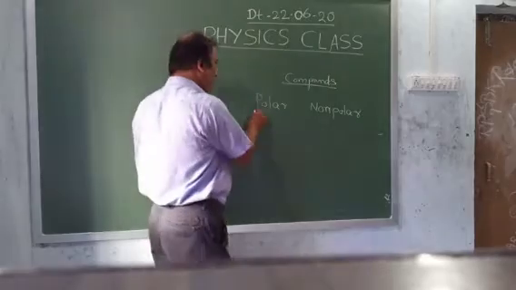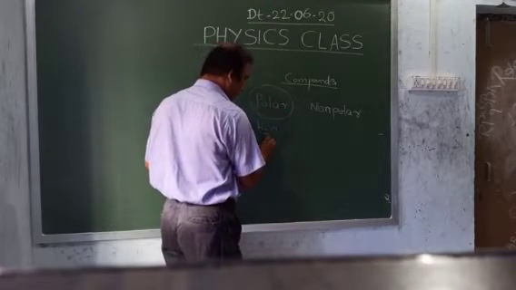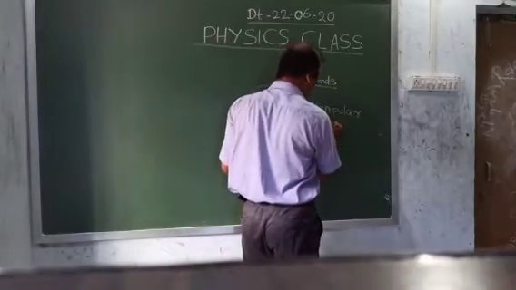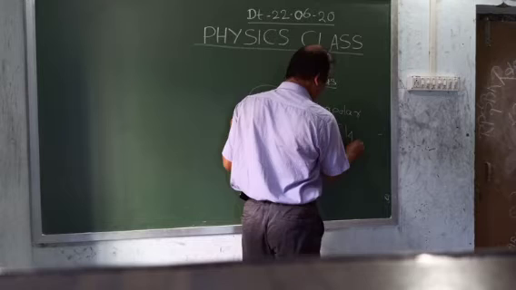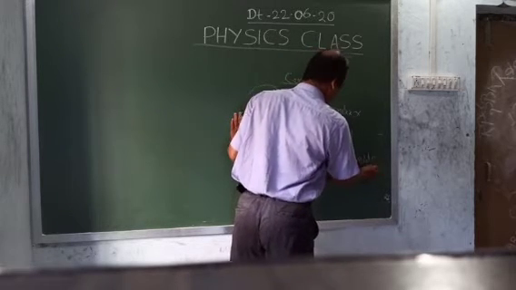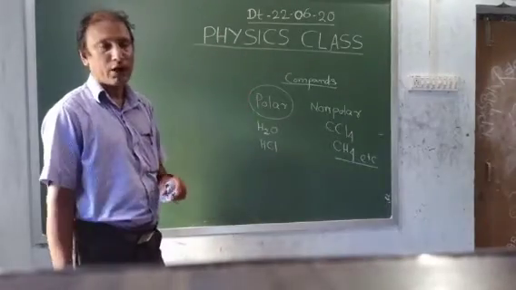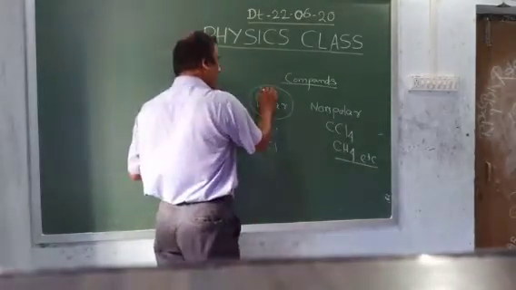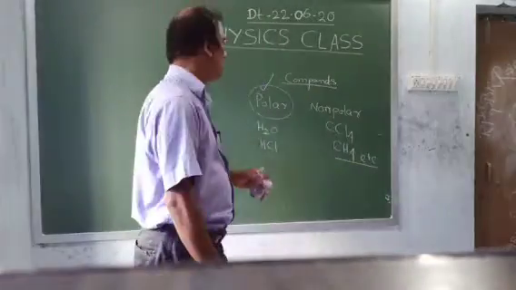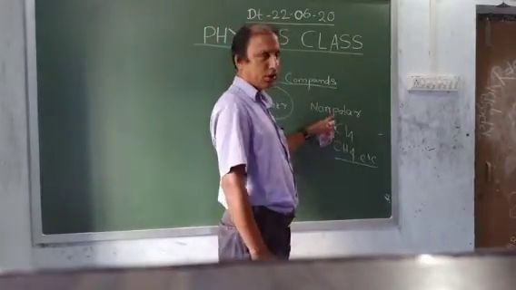In polar compounds, examples are water, HCl, etc. Non-polar compounds are like carbon tetrachloride, methane, etc. Water, HCl, hydrochloric acid, etc. are polar compounds. In polar compounds, dipole moment exists. Dipole is found here and dipole is not found here.